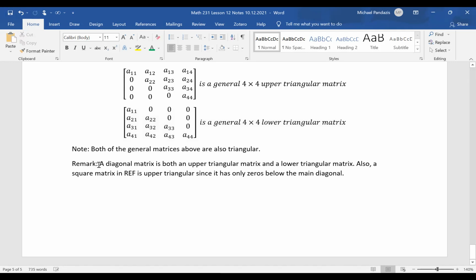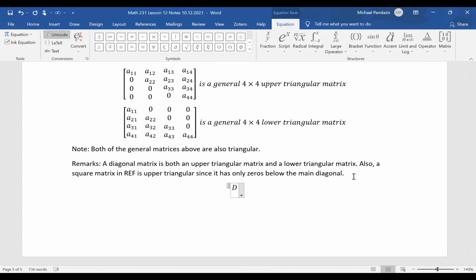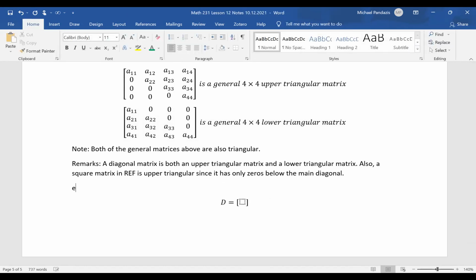Okay. Remarks, I'll say. A diagonal matrix is both an upper triangular matrix and a lower triangular matrix, right? So if you look at an example of a diagonal matrix D, some of the examples. For example, I add another one.